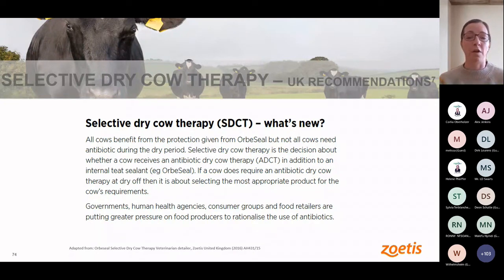There is more pressure from consumers, governments, etc., on the use of antibiotics. And obviously from an economic standpoint, if you can save in certain instances without compromising the animal's welfare, that would be the best scenario.